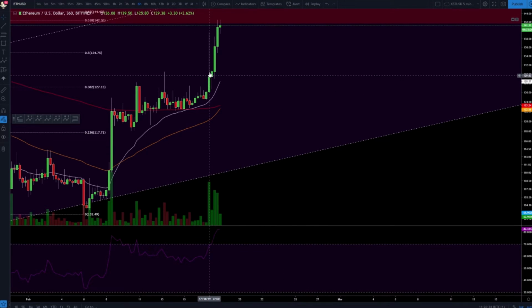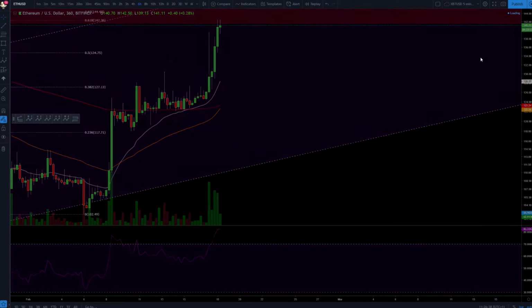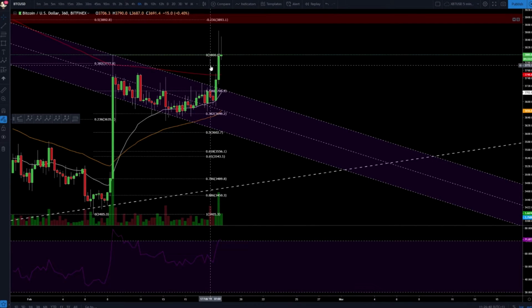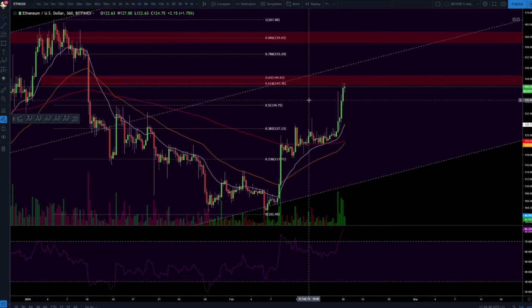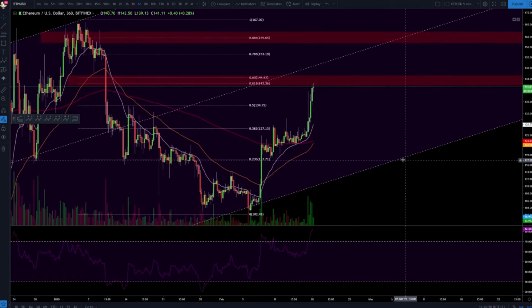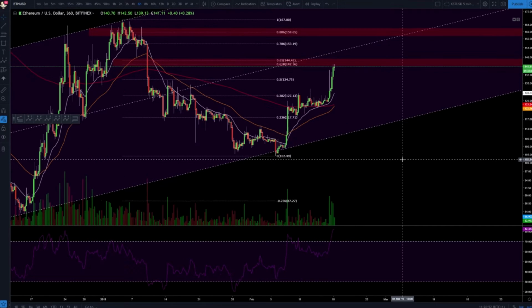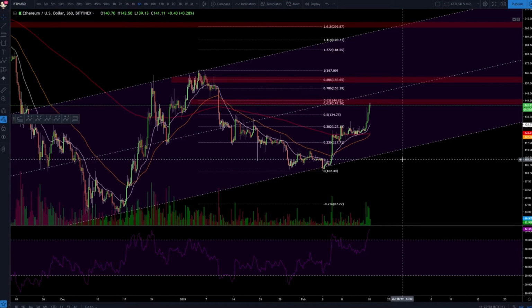This candle looked okay to me, but if you look at Bitcoin, this looked ugly, super ugly. But I should have never confused myself with charts of other instruments. I know Bitcoin is a leading factor, but as you can see today, on Bitfinex at least, Ethereum is the leading factor for the market.